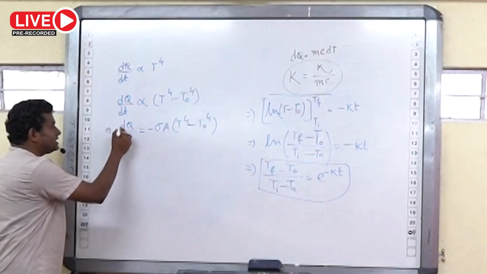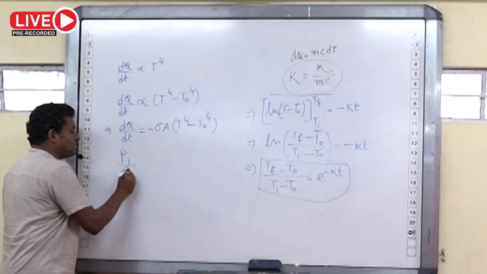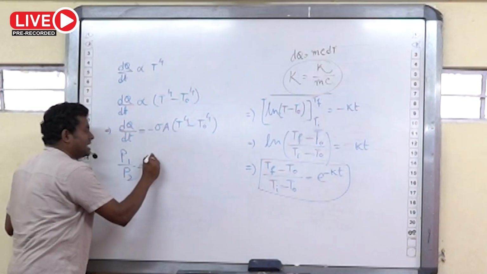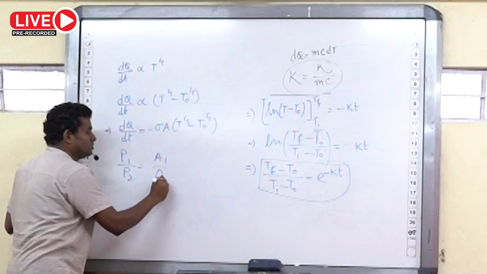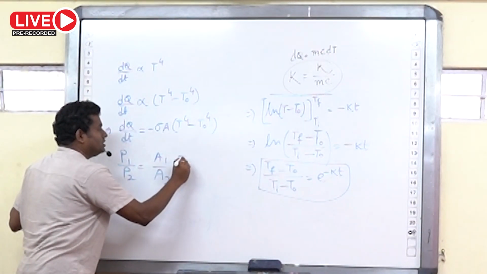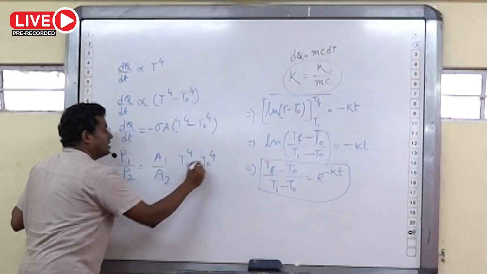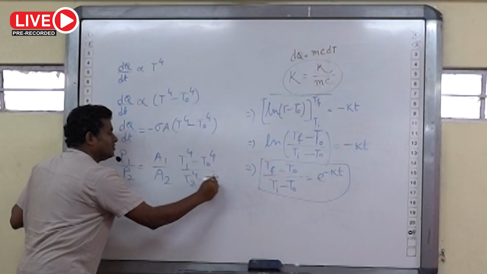So you can write this as P or E, then it can be written as P1 by P2, and in this context it can be written as A1 by A2 into T1 to the power 4 minus T naught to the power 4 by T2 to the power 4 minus T naught to the power 4.